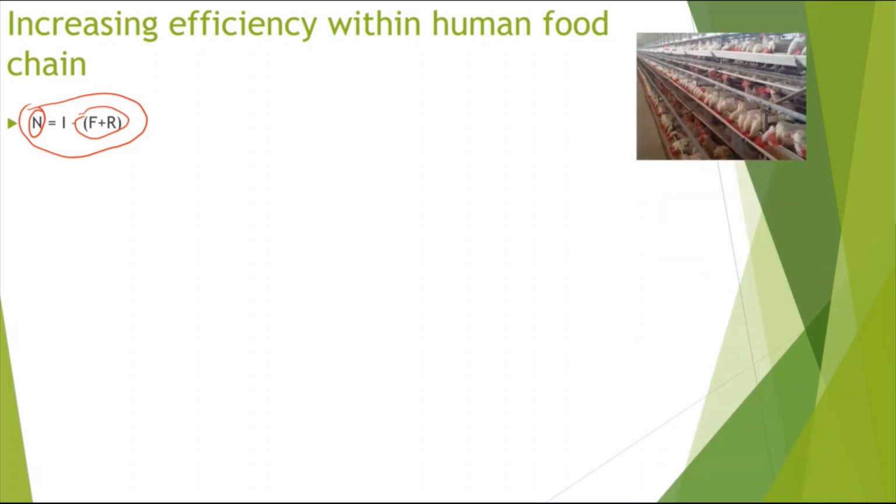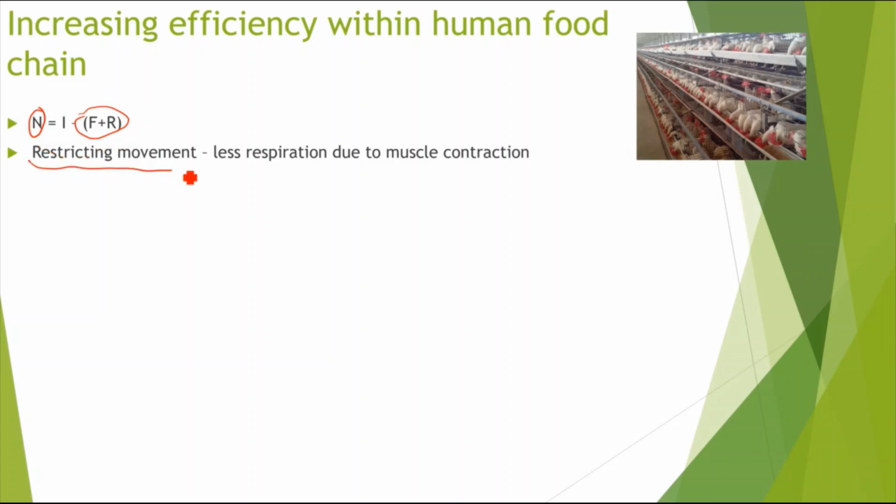So first, what we can do is restrict the movement of the animals which we are trying to increase the efficiency of. By restricting the movement, there will be less respiration due to muscle contraction.